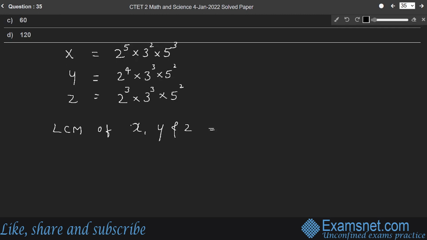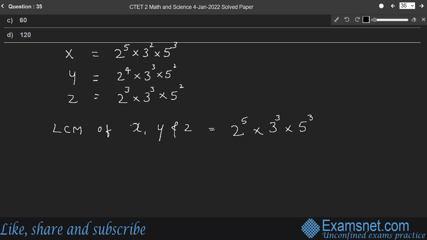So LCM is the product of maximum number of each prime factors. So that is maximum number of each prime factor is 2 to the power of 5 into 3 cube into 5 to the power of 3. So maximum number of each prime factor that occurs in all the numbers, that is x, y, and z.